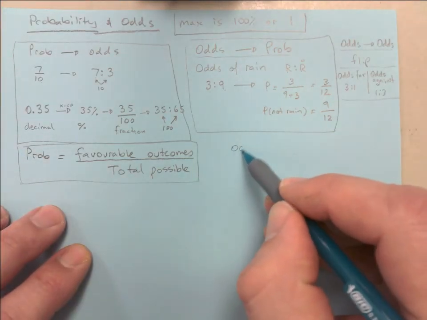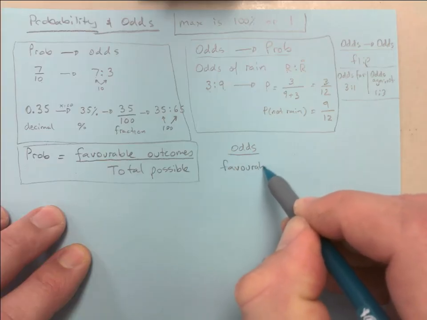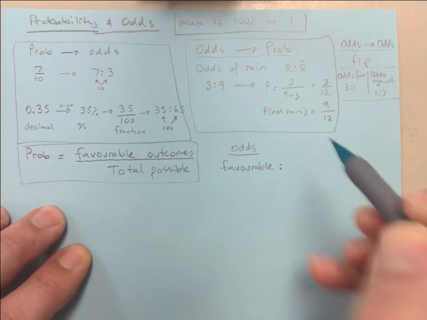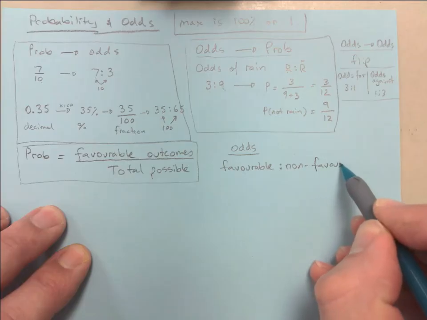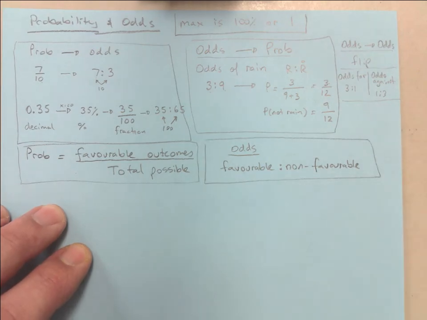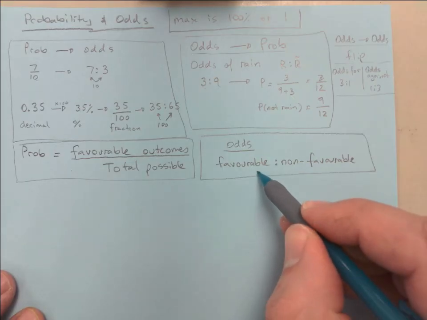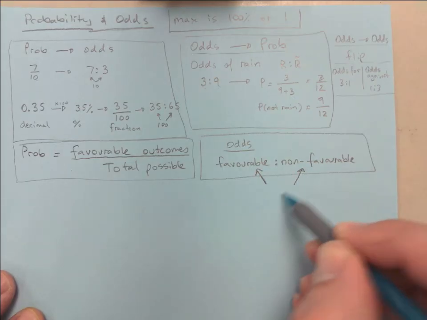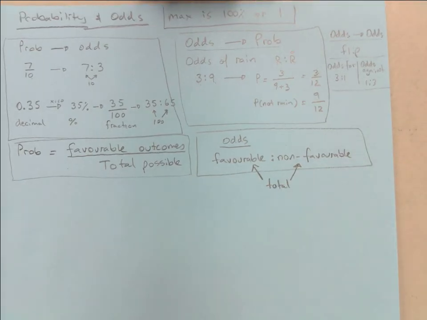And odds compares favorable to non-favorable. And you know what? It doesn't hurt to say that both of them would add up to the total. Like if you combine both sides of your odds, that amounts to the total. It's always a good check.